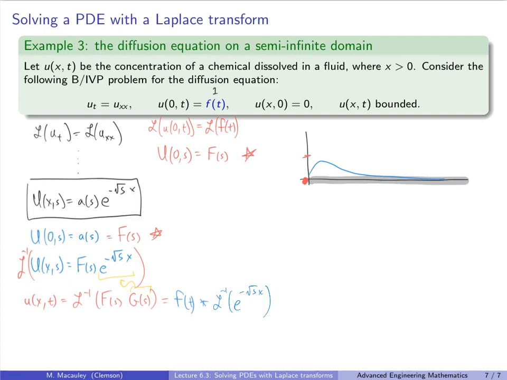So if you go to Wolfram Alpha and compute what this is, you don't want to do it by hand, it ends up being x divided by root 4 pi t cubed times e to the negative x squared divided by 4t. So it's like a bell-shaped curve type thing in two variables. I think we saw something like this a couple lectures ago. And let's just leave this in the form of an integral, because that's one more thing that we can do.